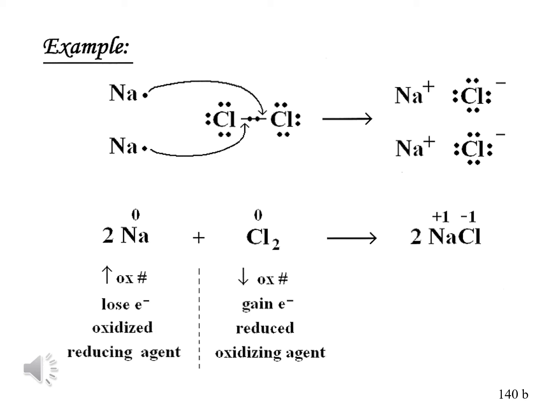So oxidized and reducing agent both mean loser. On the other side, reduced means that the thing gained electrons. Oxidizing agent also means that it gained electrons. So both of those terms mean that substance is the gainer.